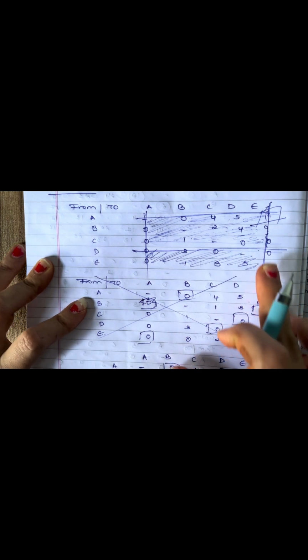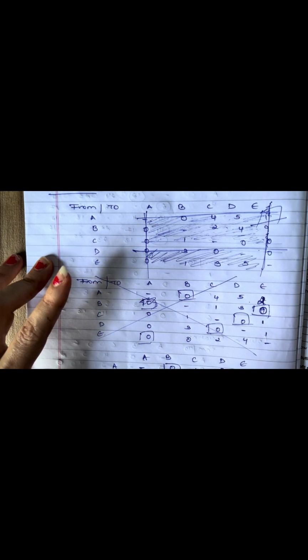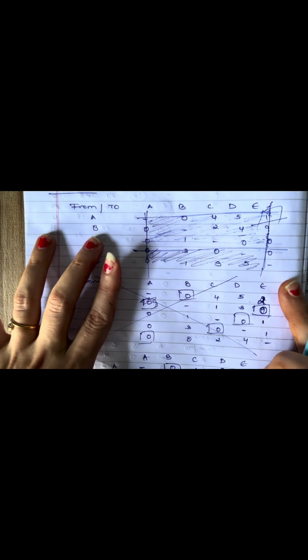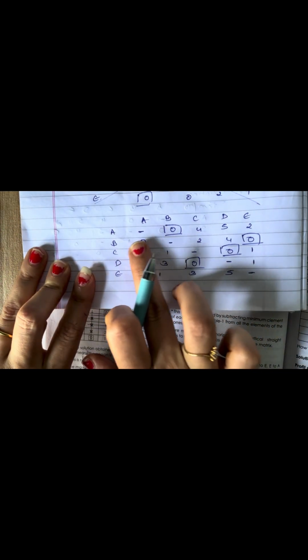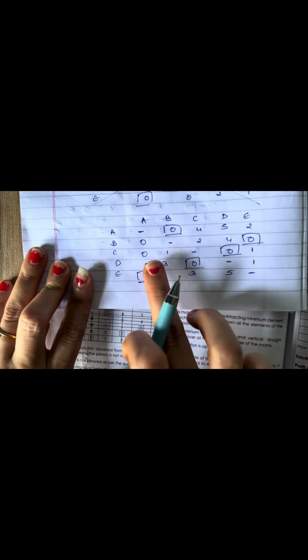Done. Once you do that, you will get your final matrix, and you will be able to make all your allocations. After doing this, you can see each row has 1 zero and each column 1 zero.